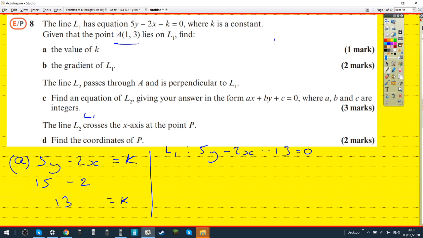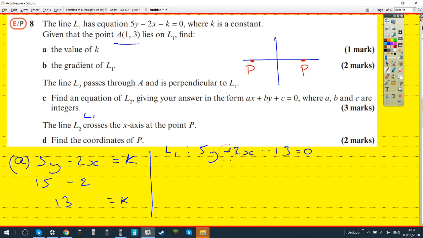Do we make x the subject? I'm not sure. What do you know about any point on the x-axis?